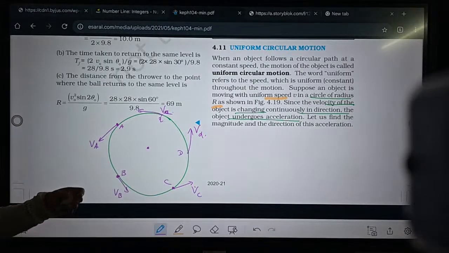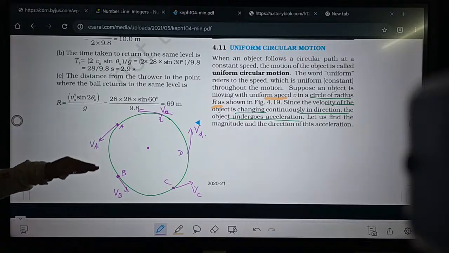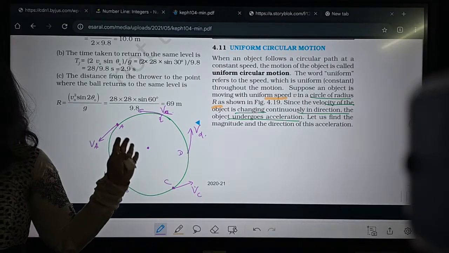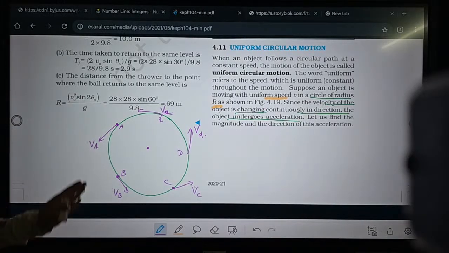Like this you can take. So what I am trying to say is that here you are considering each and every velocity tangentially. The particle's velocity acts on a point tangentially.